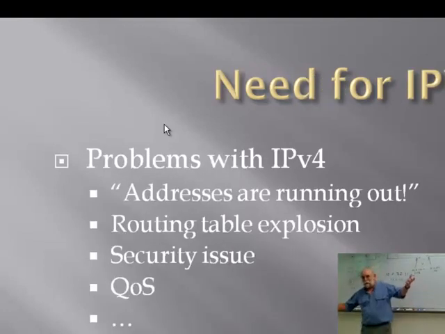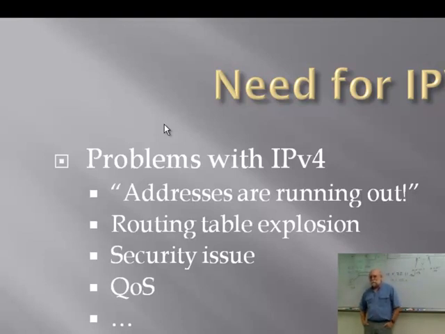Why is it needed? Well, addresses are running out. They've been saying that since 1995. And finally they actually did, didn't they? Last year they ran out of network IDs. The thing that really saved us was network address translation. The only public IP address we really need is on our border routers that connect to the rest of the internet, and for all the rest you set that border router up as a NAT router and call it a day.